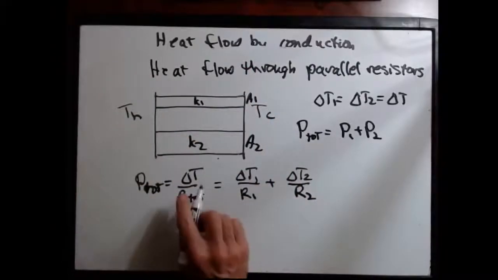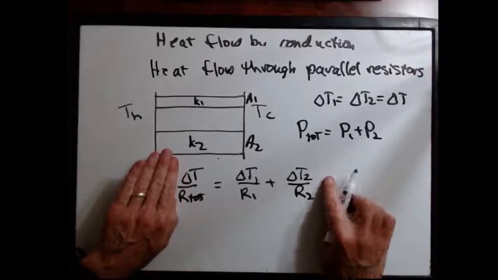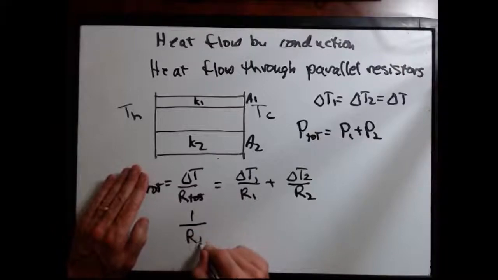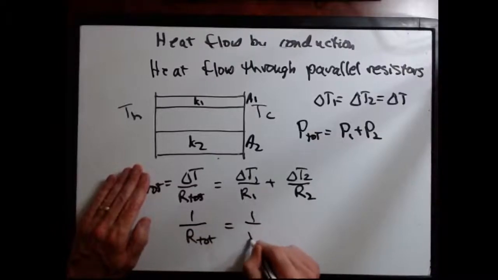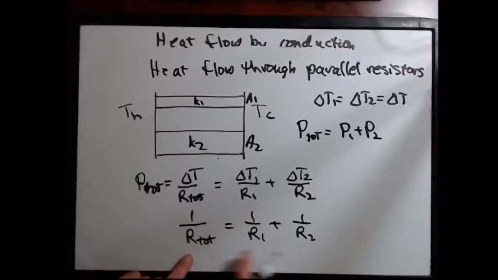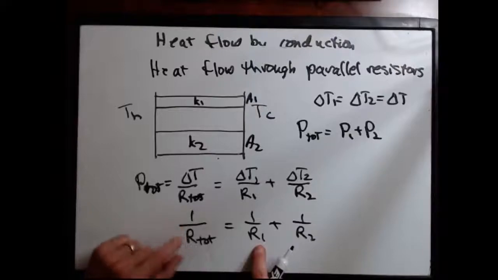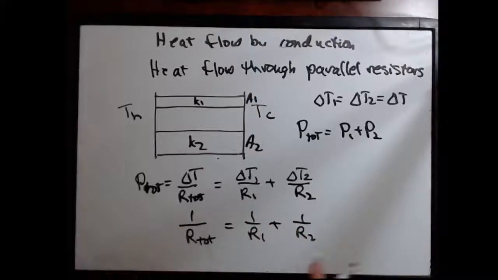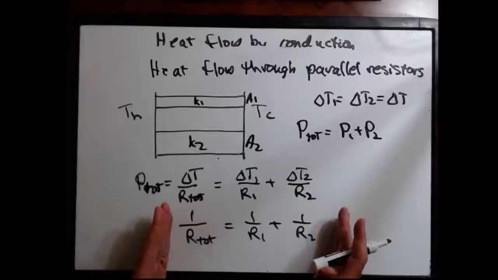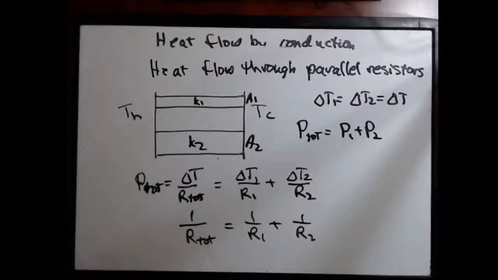And so I can cancel all of the delta T's in this equation, and I get 1 over R total is 1 over R1 plus 1 over R2. That is to say, the total resistance inverted is the sum of the inverses of all the parallel resistances. This is very much going to look the way we do resistance in circuits. All right, that's probably a good stopping point.